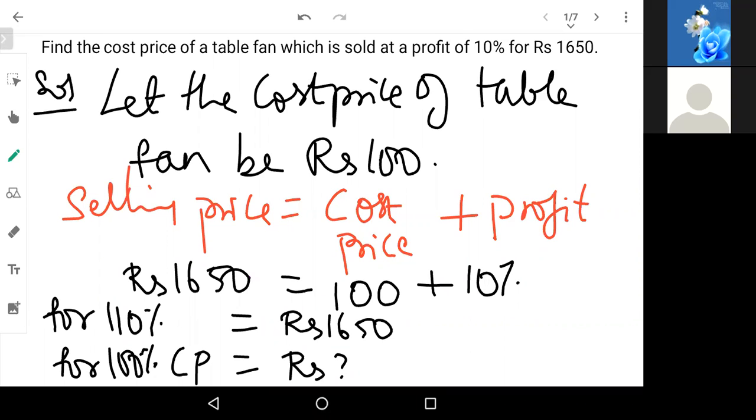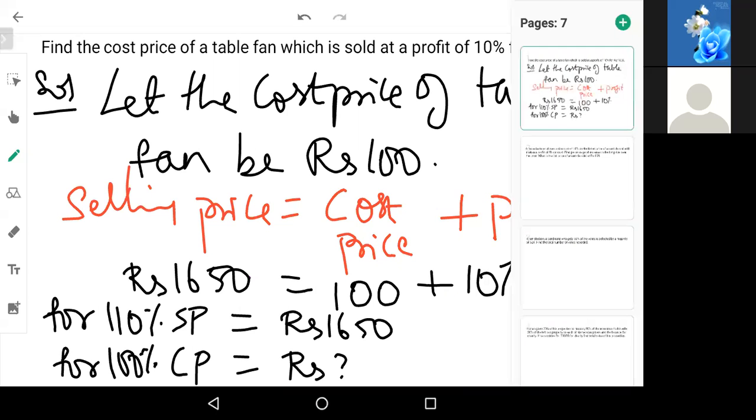Did you all understand this part? 110% of the selling price is 1650. A cost price of 100 rupees plus a profit of 10% will give me a total amount of 1650. But what is the amount for 100%? Good.